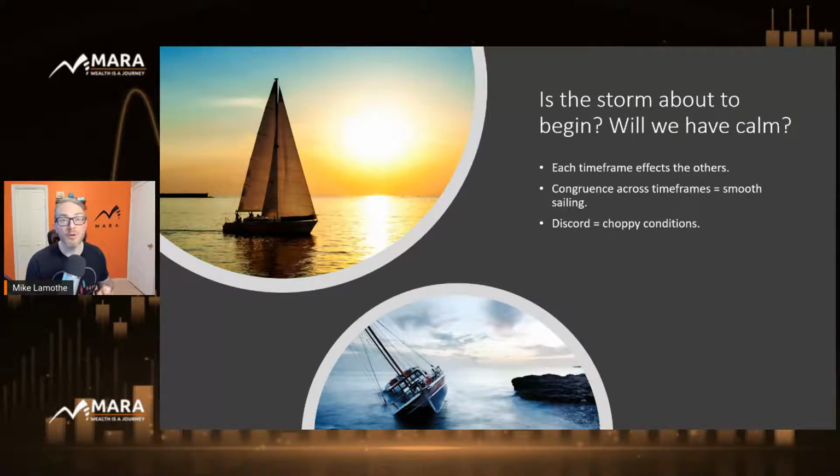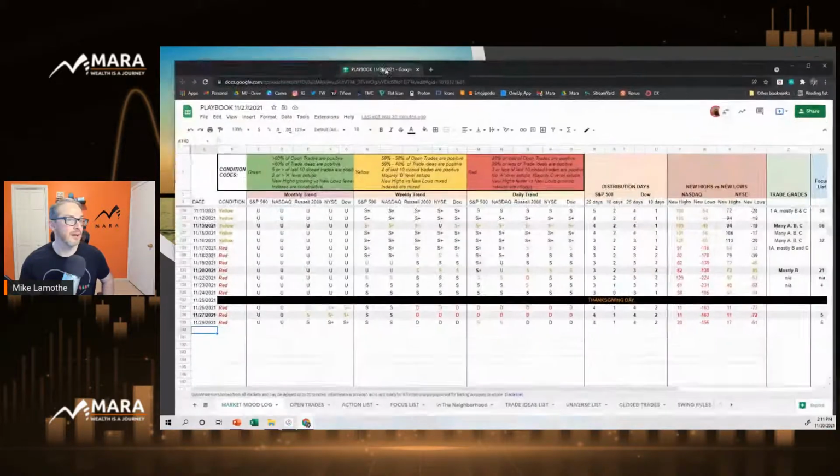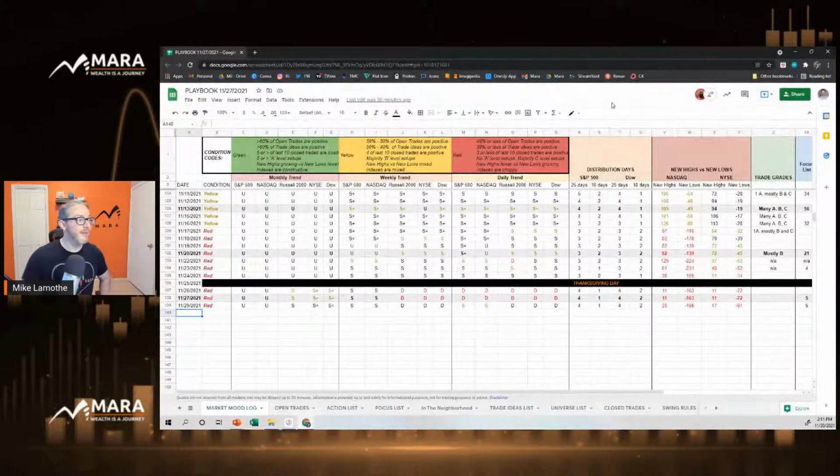When you start to see one time frame moving up, another moving sideways, one moving down, it's rocking that proverbial boat. And the more discord you have, the more chop you're going to see. So it's one of the things that I like to track every single day.